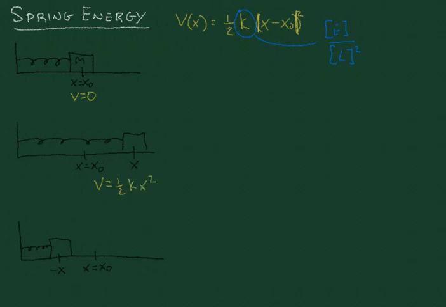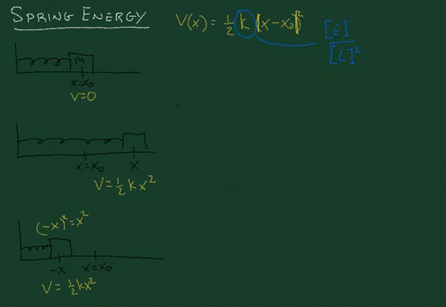The distance between these two points is also x, so our potential energy is 1/2 k x squared. So we have the same potential energy at both points at the opposite extremes, because minus x squared is just equal to x squared.